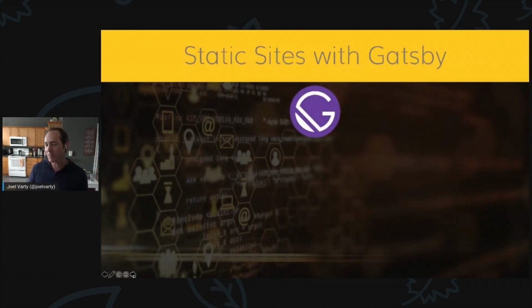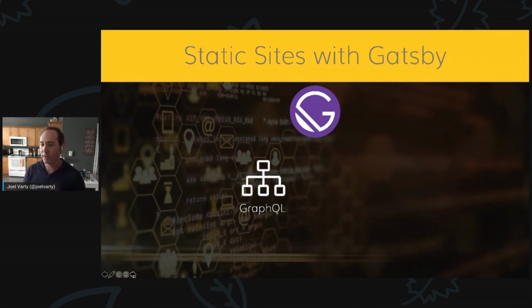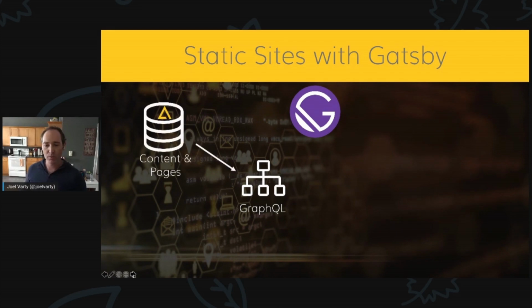So let's look at Gatsby and specifically what it does in order to solve problems. I'm going to super oversimplify this, but hopefully that helps you be able to talk about it. Gatsby relies on something called GraphQL, but it doesn't rely on GraphQL servers. It has its own GraphQL engine built into it. All of the data sources that you use need to implement some way of getting data into that GraphQL.